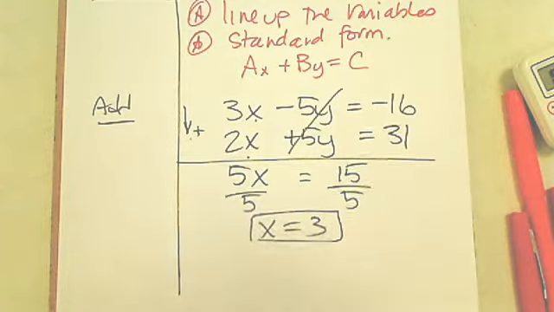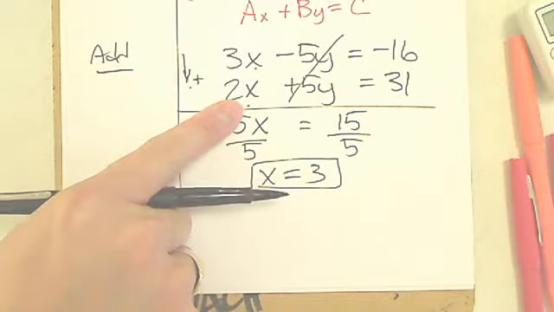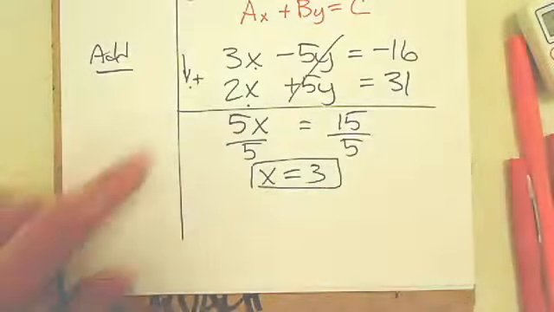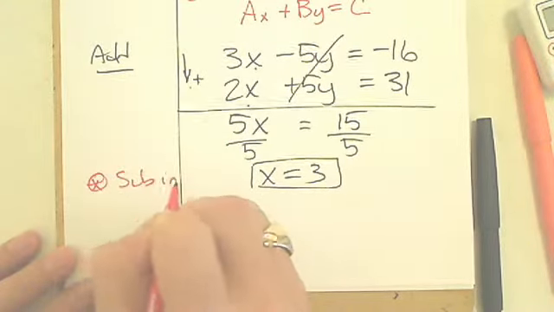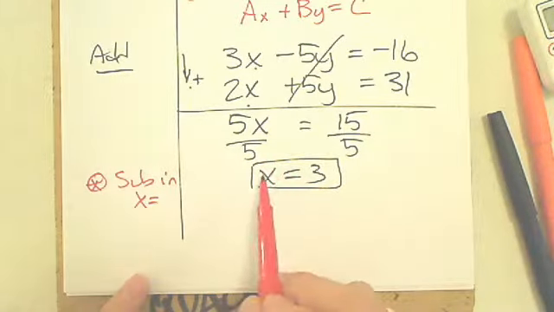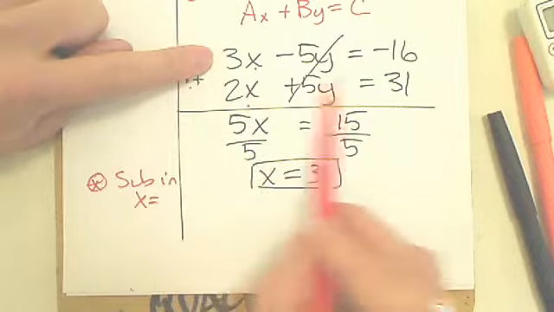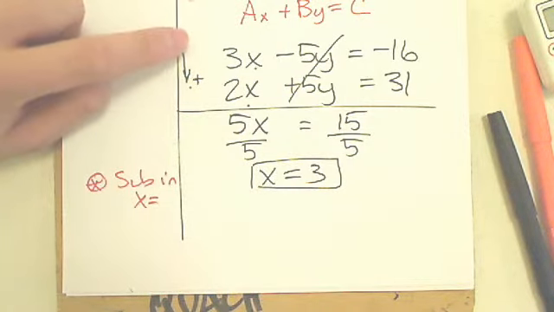Same thing how we did substitution. How do we get y? We put it back in either this equation or this equation. So to get y here, we substitute in x equals 3 back into the original equation. Doesn't matter which equation, because x is 3 for both equations.